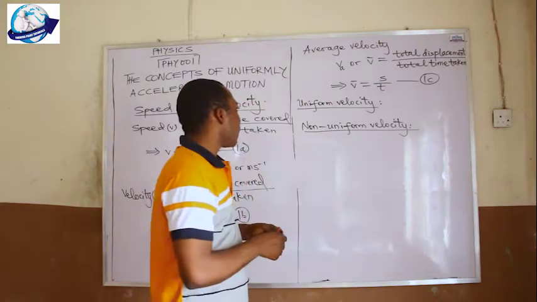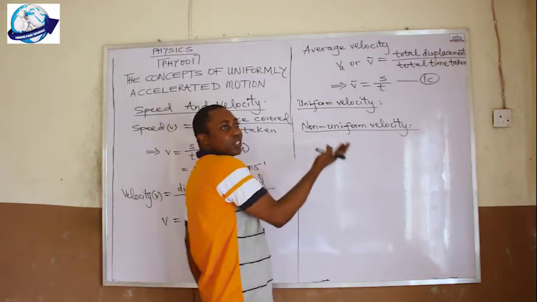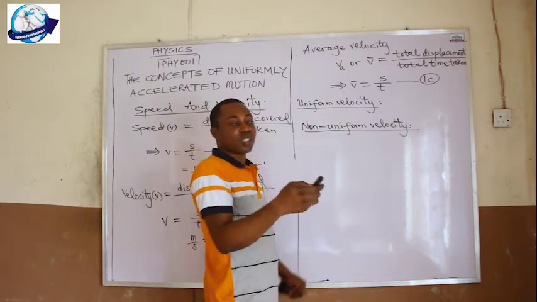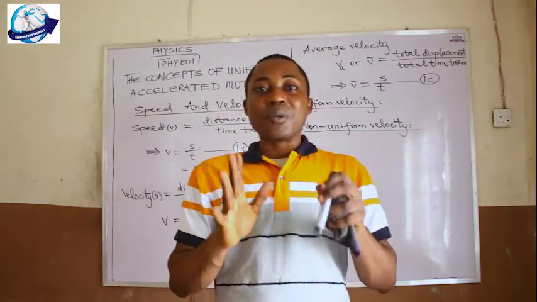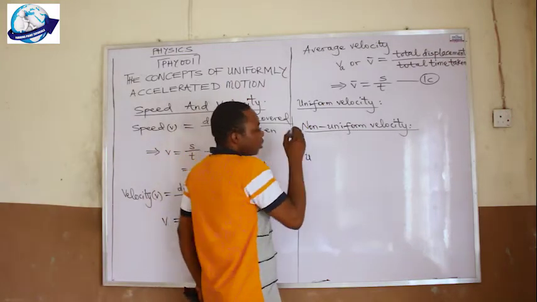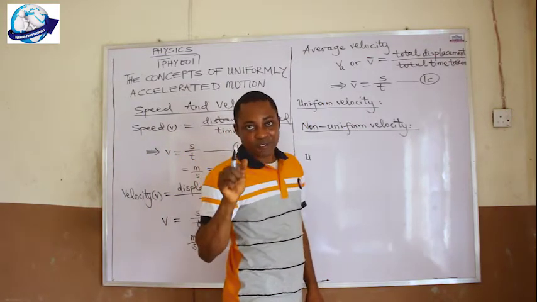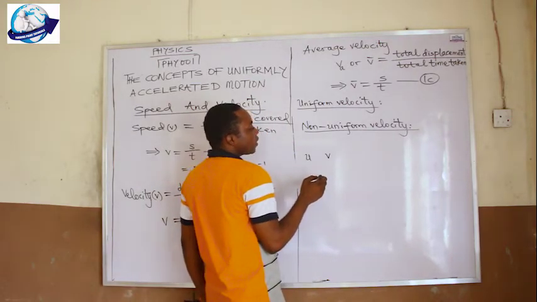From what we said about non-uniform velocity, there will be a change in velocity. Since there's a change in velocity, the first velocity that the body moves with will be called the initial velocity, and we use small letter u to represent initial velocity. Small letter v will be used to represent final velocity.